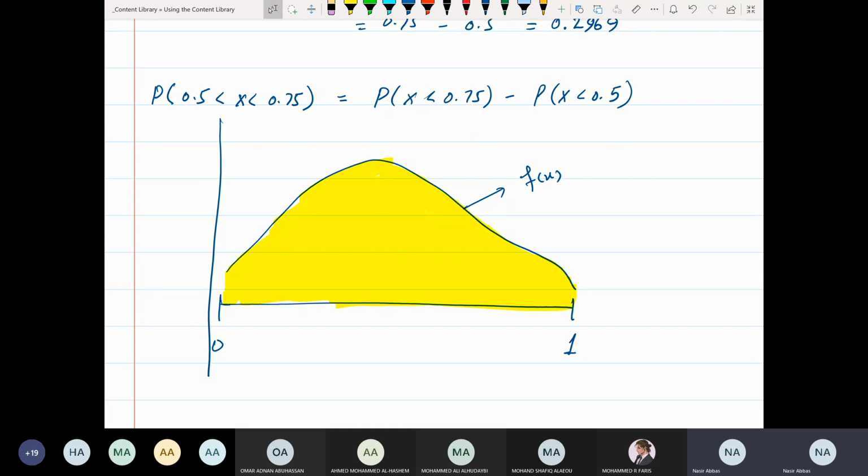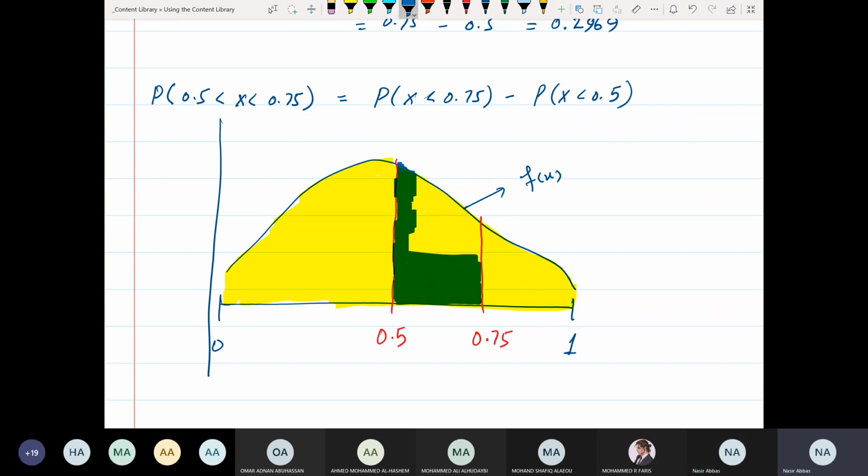Now in between 0 and 1, there is somewhere 0.5 here. And there is somewhere 0.75 here. And you are interested in the area between these two red lines. That is, you're interested in this area, the one I'm highlighting with the blue color, but it's becoming green because it's joining with yellow.